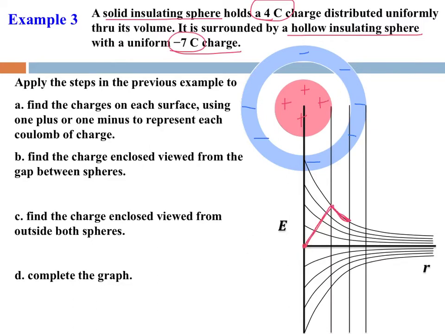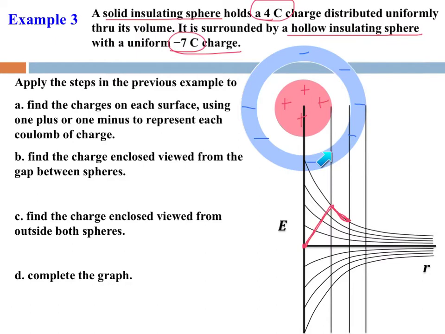Now for this one, while we're going through the blue section right here, imagine a Gaussian surface starting at this point and increasing as we move outwards. So as our Gaussian surface gets larger and larger, so let's say it starts out around here, and then it gets slightly larger and slightly larger, what we're doing is encompassing or including more and more negative charge.